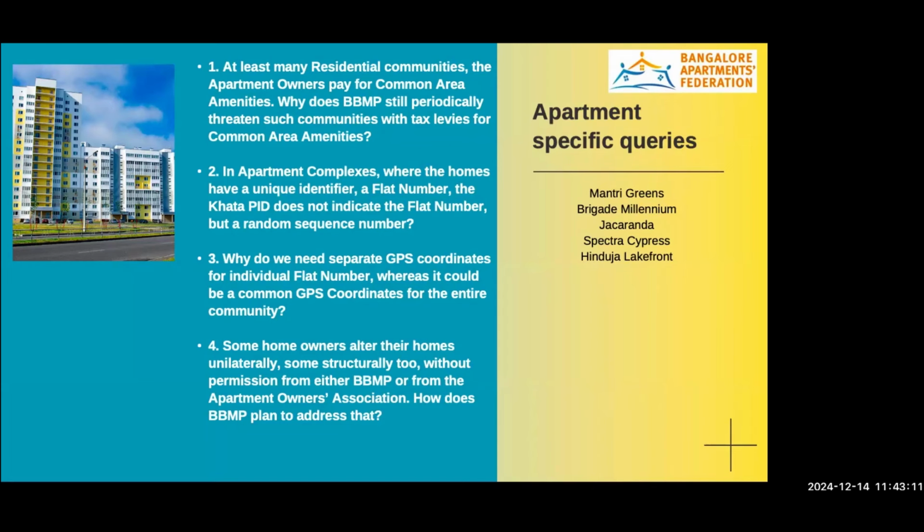On the second point, if I answer, that homes have a unique identifier, flat number does not indicate the. See, the point is, please understand, you may be very comfortable with your flat number, but it is not unique. How will the e-Khata system or Kaveri system know which property is transacted if there are 1,000 properties with the flat number 114? You cannot know.